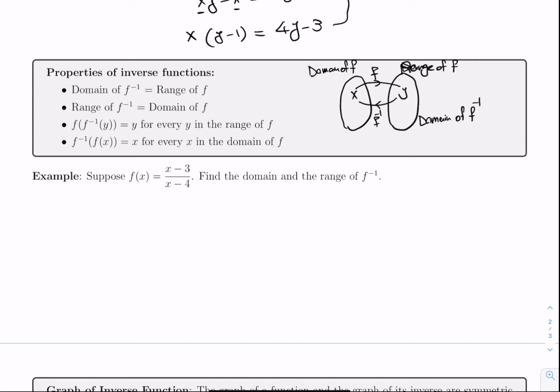And x is an output for f inverse, so the set of all outputs forms the range of f inverse. So the domain of f equals the range of f inverse, and the range of f equals the domain of f inverse.